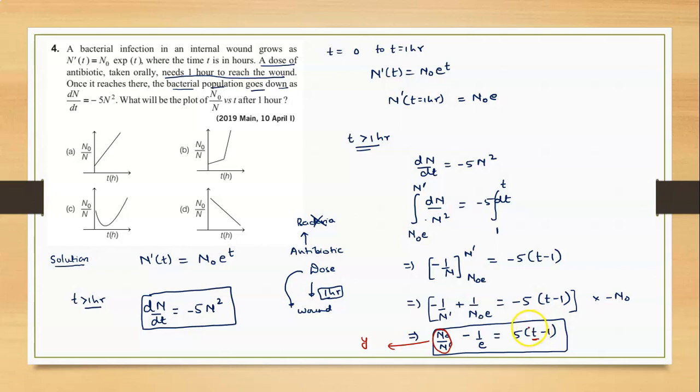It is of the form y is equal to mx plus c, where the constant term clubs into the minus 5. Since it is of this form, the graph should be a straight line, so the answer matches with A. The only thing is they are drawing the graph after t is equal to 1 hour.